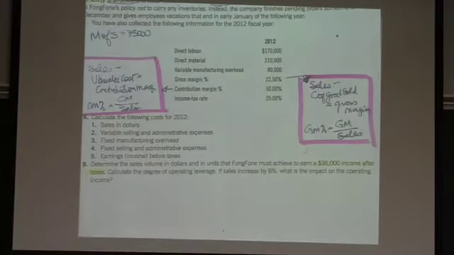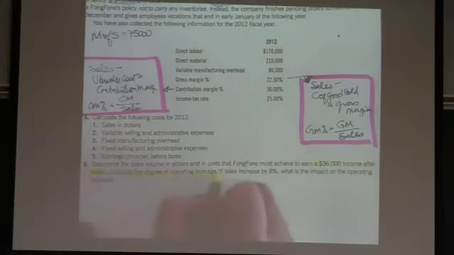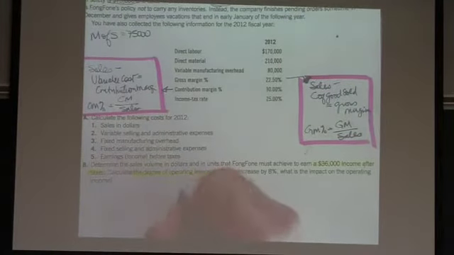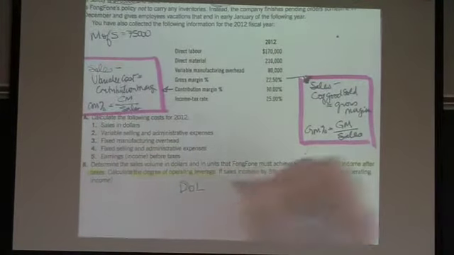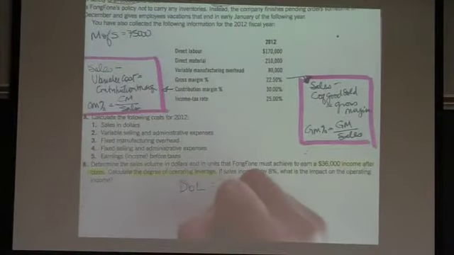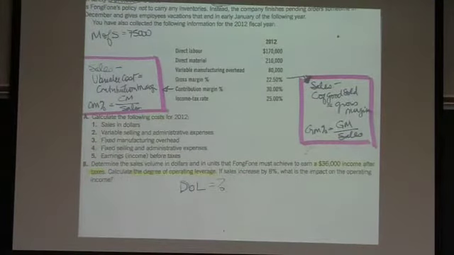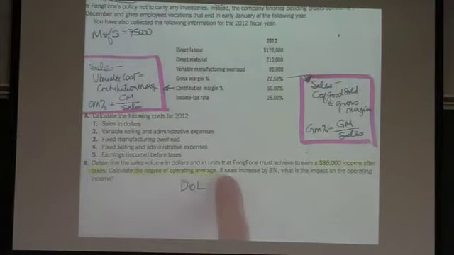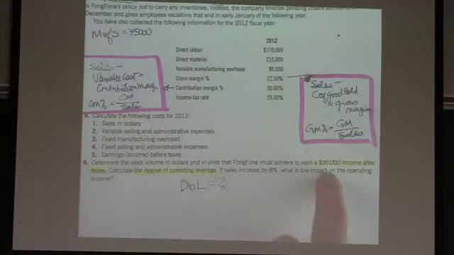And it's asking us for the degree of operating leverage, DOL. Calculate the DOL. Now, why do we need to know that? We'll see the power of the degree of operating leverage because it's asking us, if sales increase by 8%, what is the impact to the operating income?